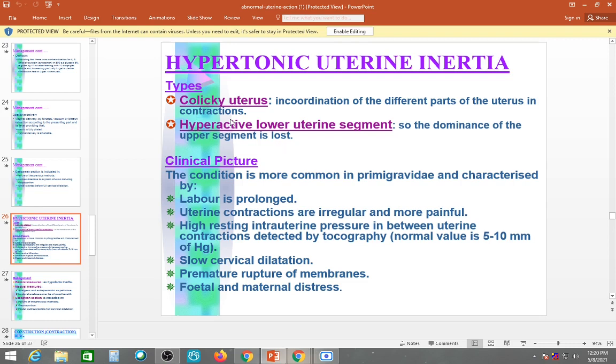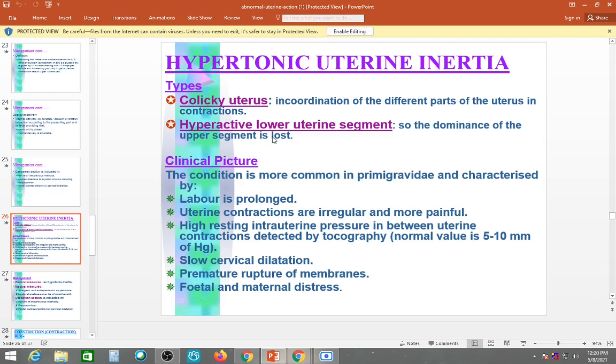But this time, this colicky uterus will not be coordinated. Sometimes there will be severe pain, then in the upper segment and lower segment there will be no retraction. There will be pain and even contractions in the lower segment also.